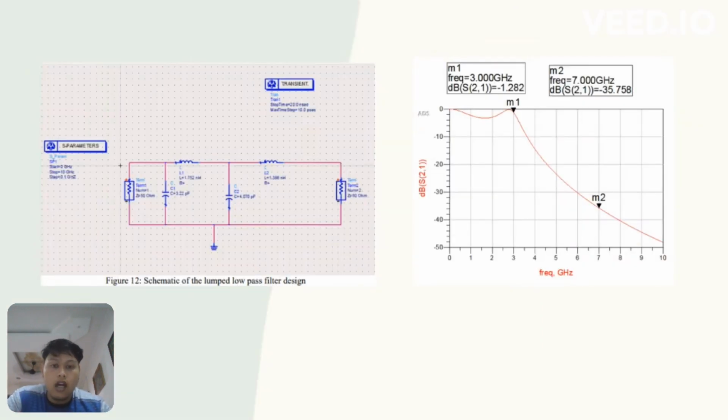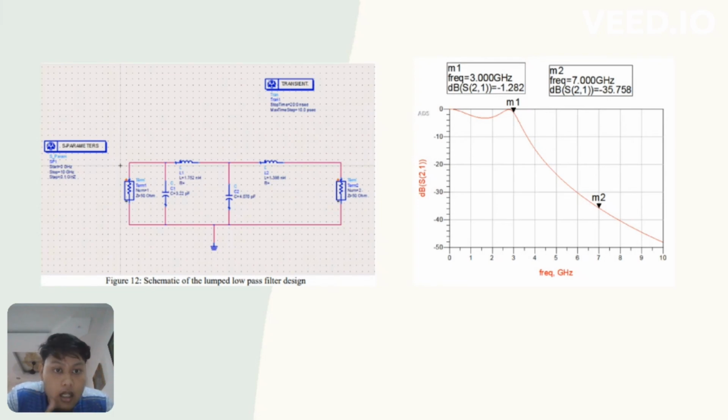So this is our construction for the low pass filter assignment. This is before tuning, where we just put the capacitor C1, L2, C3 and L4 using the 50 ohm impedance.